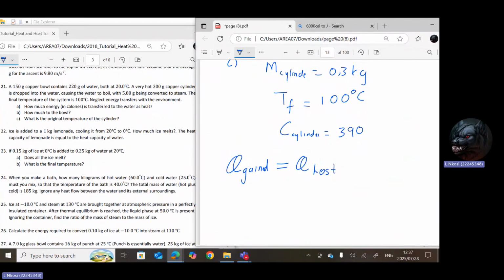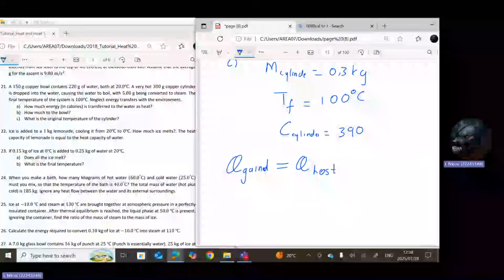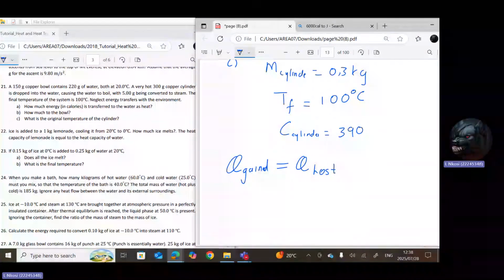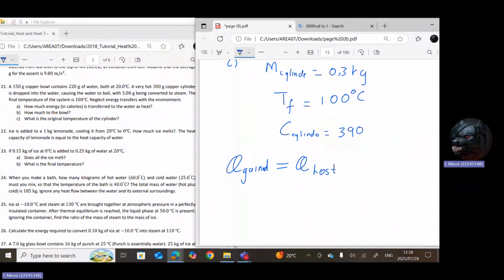If you take a hot cylinder and put it into the water, all the heat lost by the cylinder equals all the heat gained by the water in the bowl. So it's equal to all the heat lost by the cylinder.